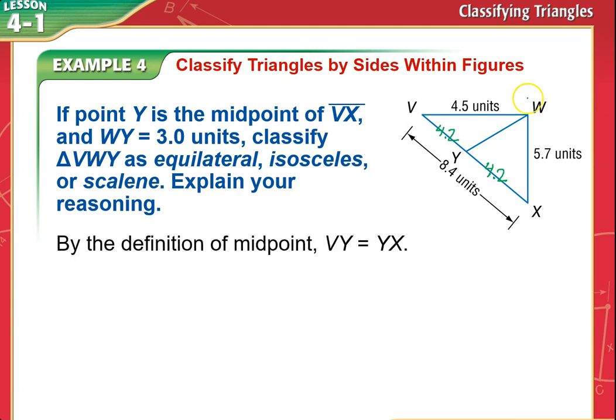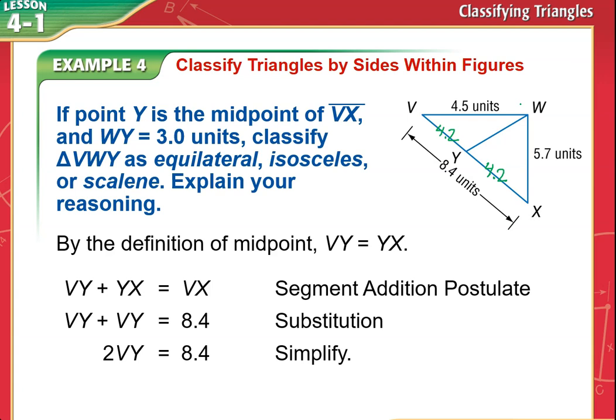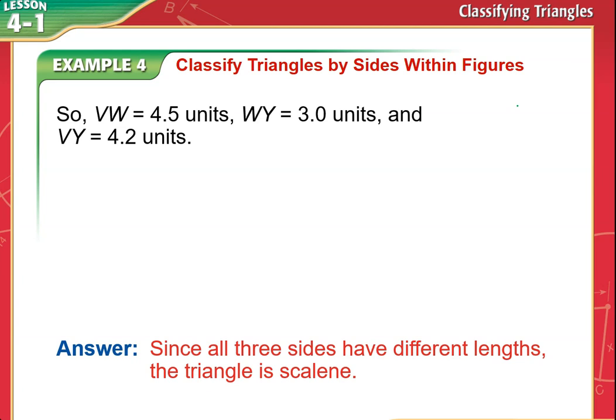Let's check it out. By the definition of midpoint, we have the segment addition postulate. Therefore, by substitution, we get 4.2. So we know that WV is 4.5. Since all three sides have different lengths, the triangle is scalene.